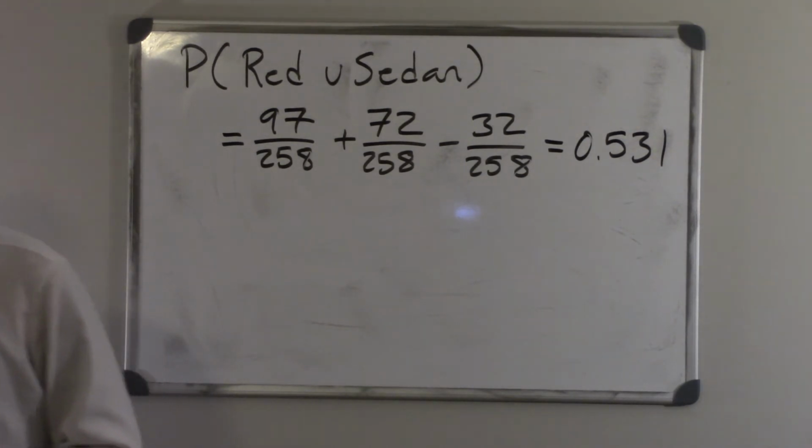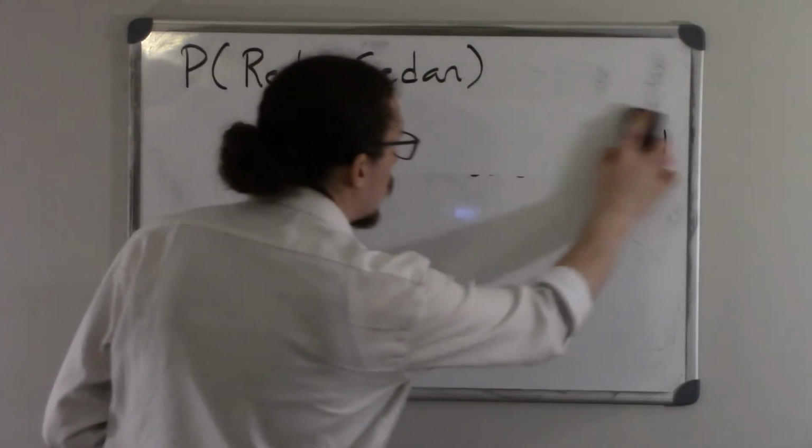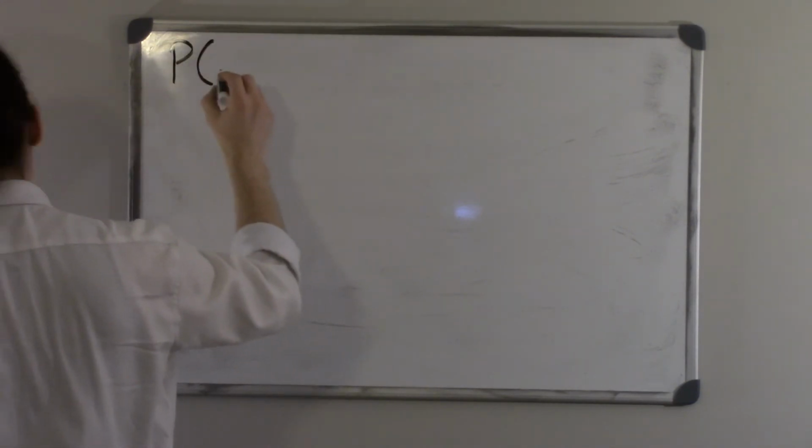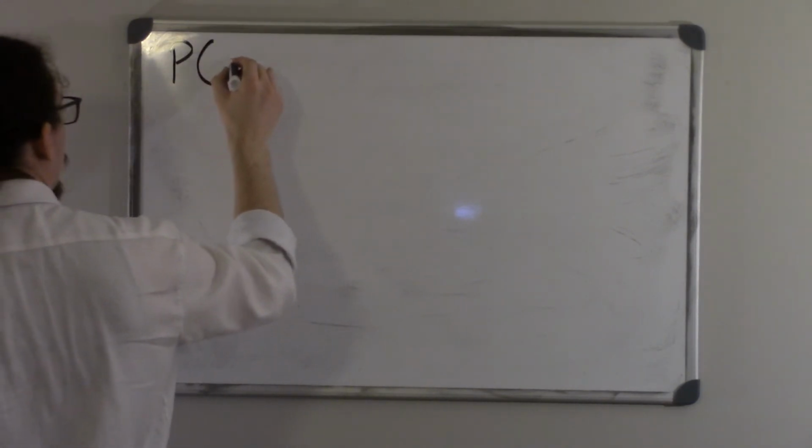For this next one, I'm going to go ahead and erase this. This next one is going to be a conditional probability. We're going to say, what is the probability of seeing a sedan given that it is blue?